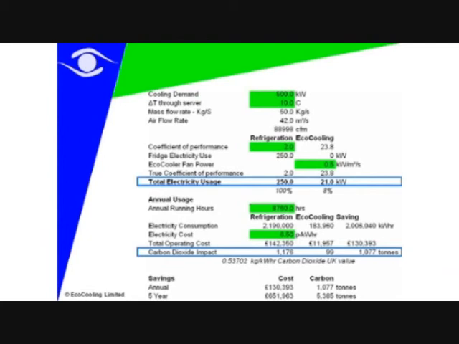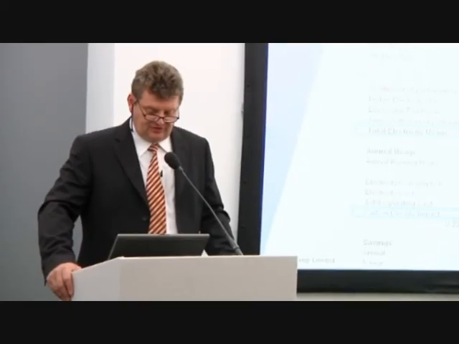And at 6.5 pence a kilowatt hour, their annual running costs for the CRAC system would be 140,000 compared to just over 10,000 for an Ecocooling system, with a potential environmental benefit of saving over 1,000 tons of carbon as well. Big numbers.